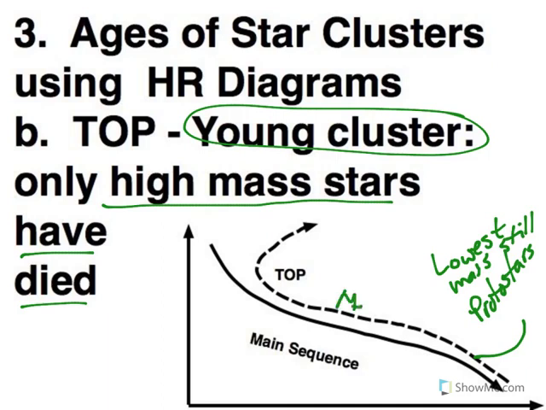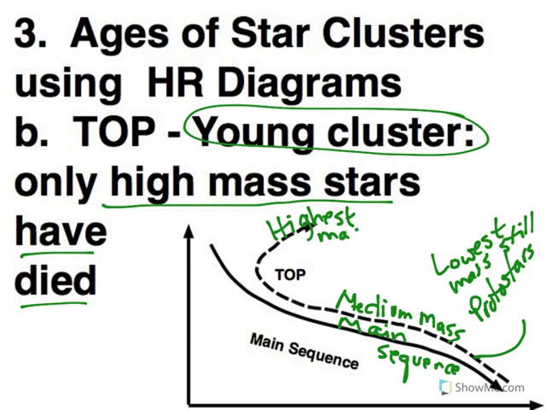Our medium mass are going to be on the main sequence. And it's only our highest mass that has died. So it has left the main sequence. So our turnoff point here is very high on the main sequence, meaning it's near this upper part of the main sequence. So this is a high turnoff point.